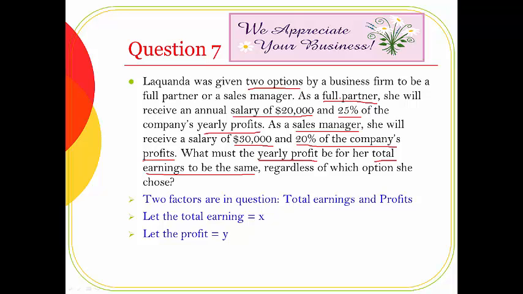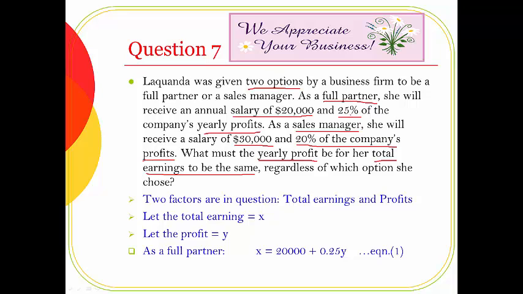Full partner. As a full partner, her total earning will be $20,000 plus 25% of Y. See that? As a full partner, her total earning will be 20,000 plus 25%, which is 0.25, of y.